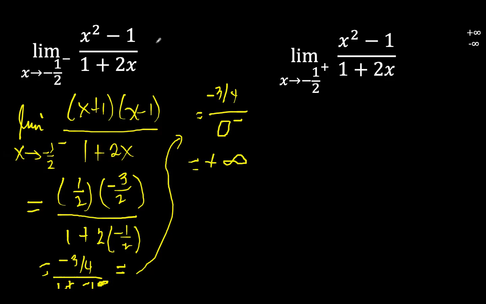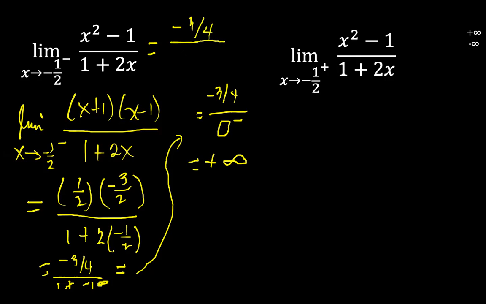Or we could also do this way, direct substitution. Negative 1/2 raised to 2 is 1/4, minus 1, that's negative 3/4, right?